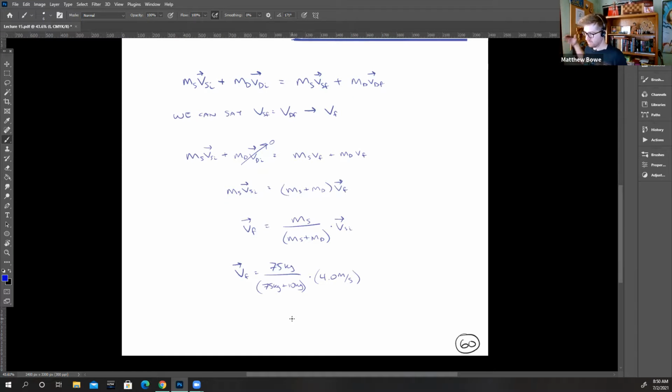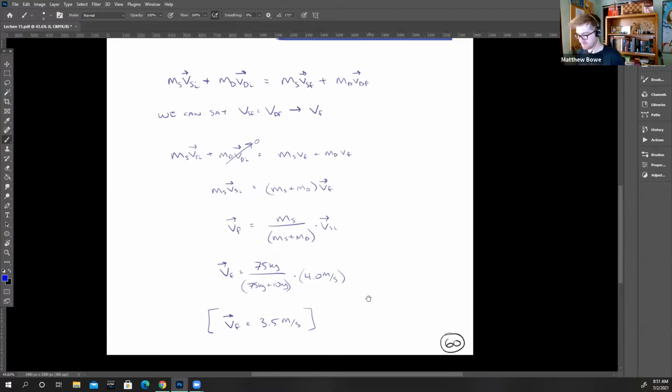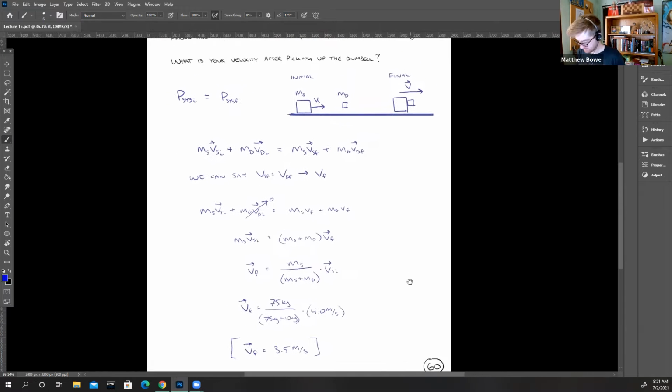So we're just going really fast on some ice, and we decide to pick up a dumbbell that's at rest. Our final velocity after picking the dumbbell up is still fairly fast, but it is a bit slower. Final velocity is 3.5 meters per second.